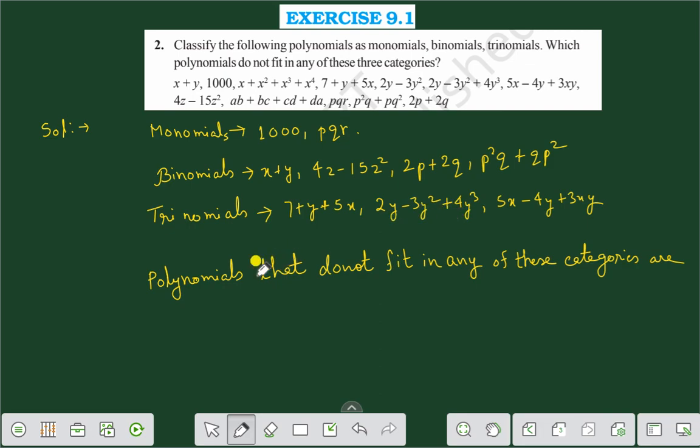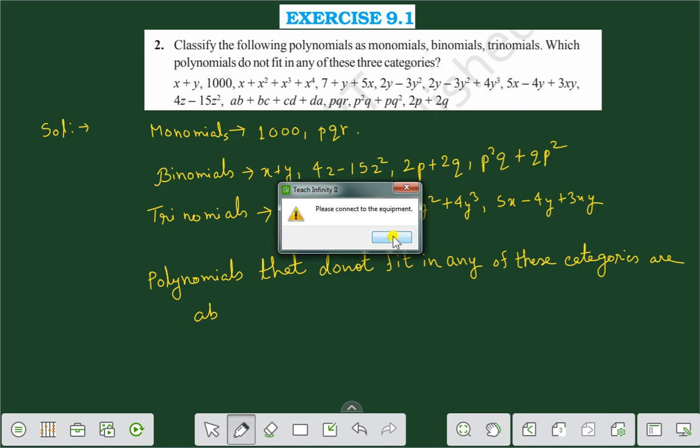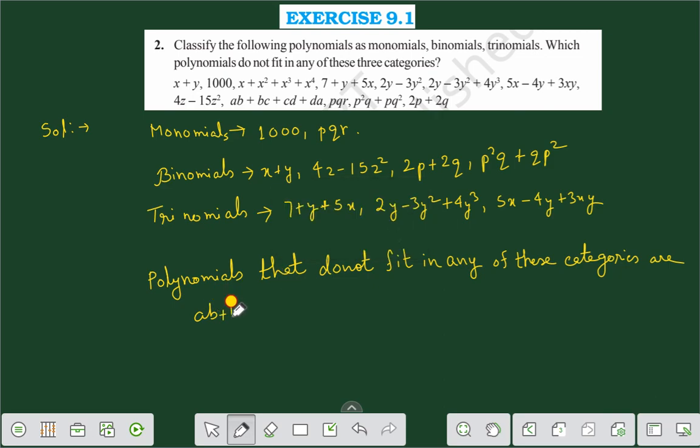Now, polynomials that do not fit in any of these categories, that is, they are neither monomial, nor binomial, nor trinomial. That is this one, AB plus BC plus CD plus DA, and also this one, that is x plus x square plus x cube plus x4.